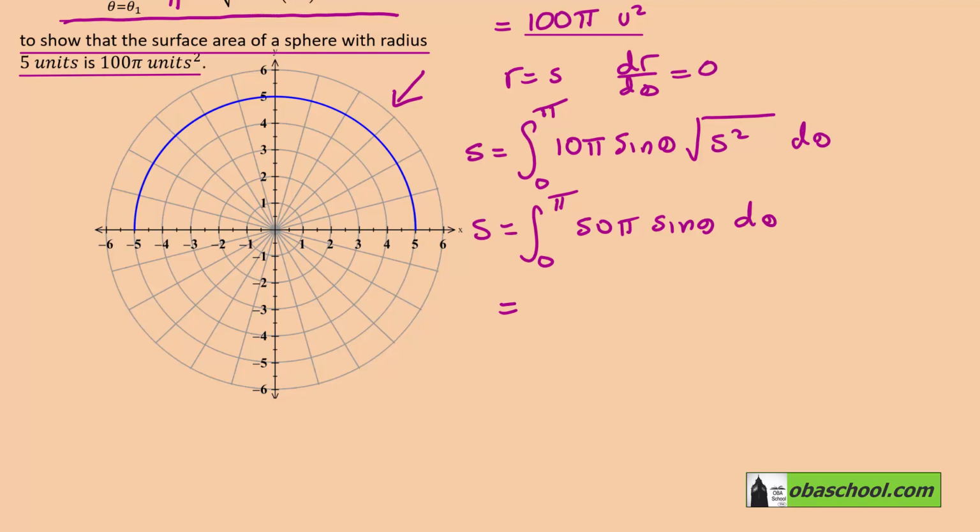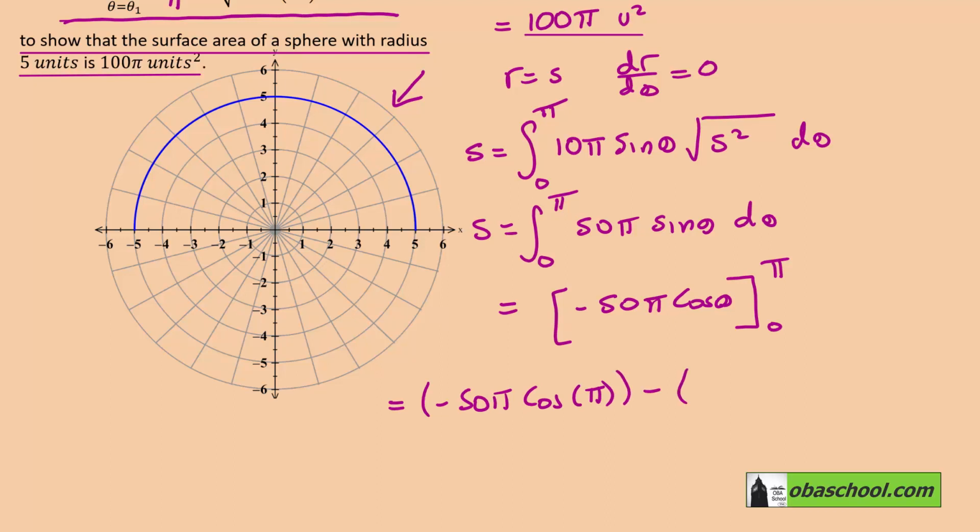So that's going to be negative 50 pi cos theta evaluated between 0 and pi, which gives us negative 50 pi cos pi take away negative 50 pi cos 0.